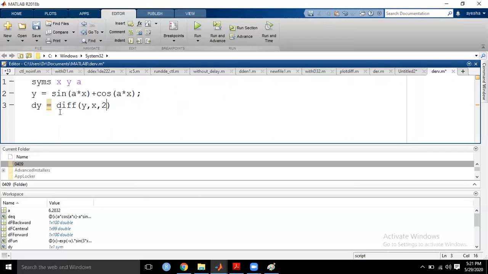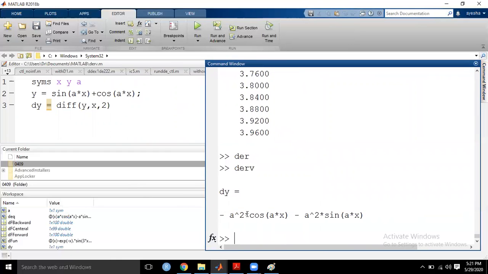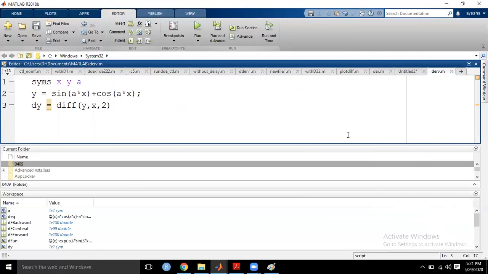Okay, and then the diff command. So let us press and see what we get here. So you can see this is the double derivative. Okay, so you can even find the 10th derivative using MATLAB very quickly. Okay, so this is the utility of MATLAB.